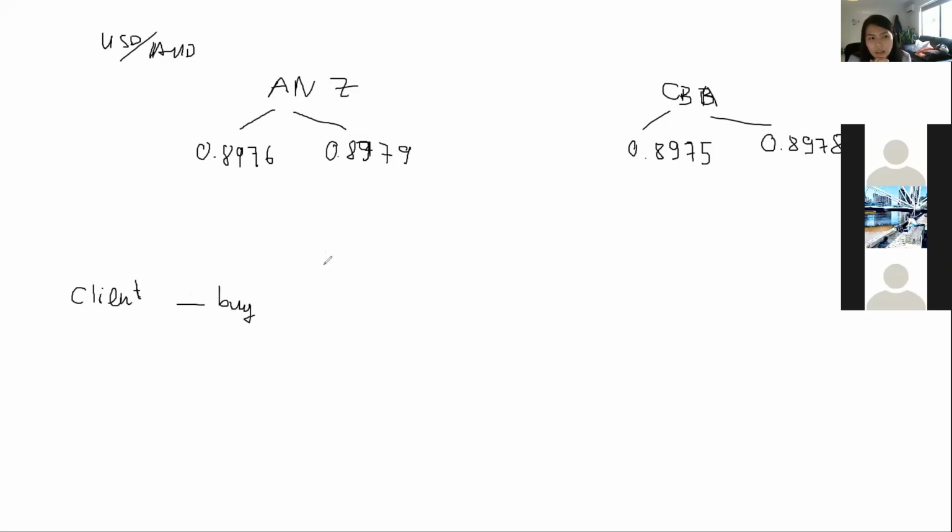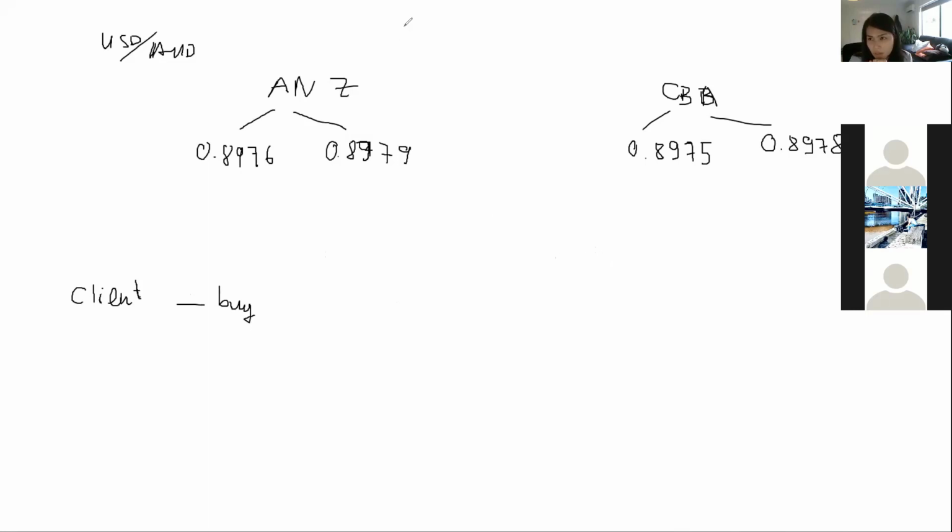Commonwealth Bank. If I want to buy, I'll be buying from Commonwealth. And why is that the case? Because the price for buying is less when compared to the ANZ rates. Yep, exactly right, spot on.